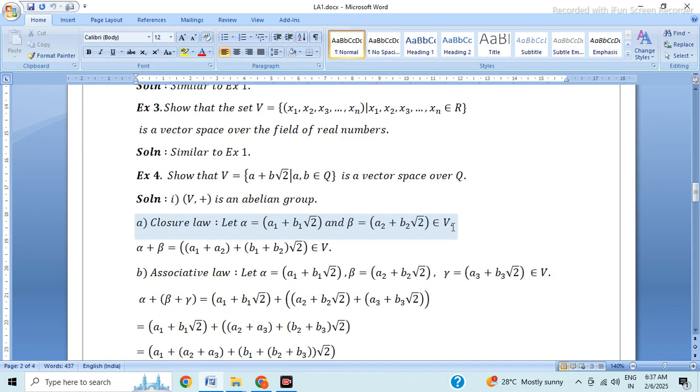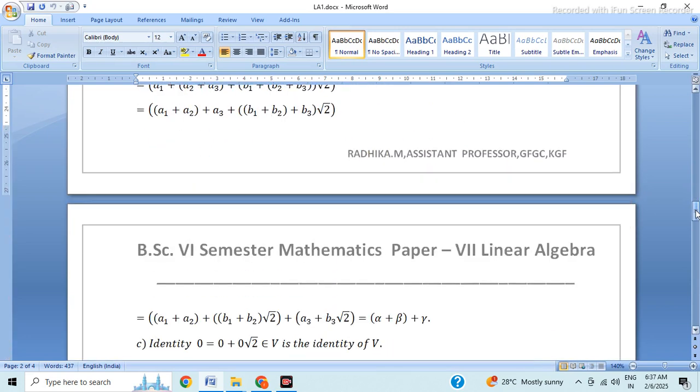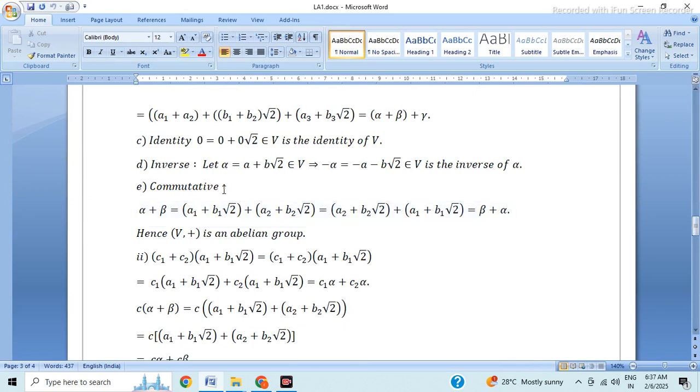Then what all conditions? First one, we will prove that it is a commutative group. That means we will prove closure law, associative law, identity element, then inverse, then commutative law, then it will become a commutative group. Then second condition, the formula: C1 plus C2 into alpha is C1 alpha plus C2 alpha.